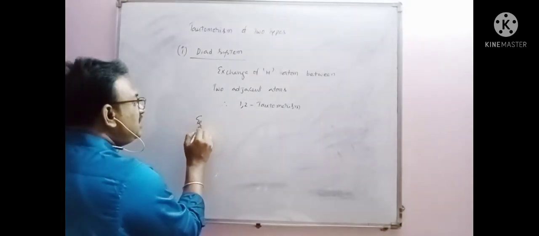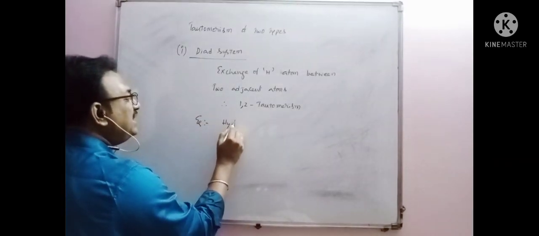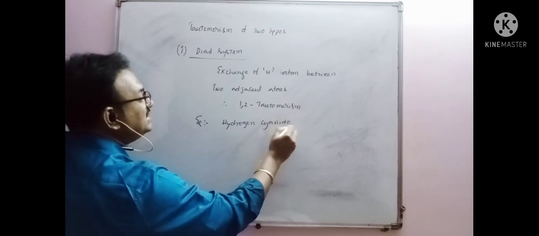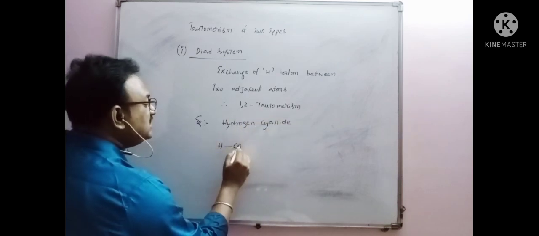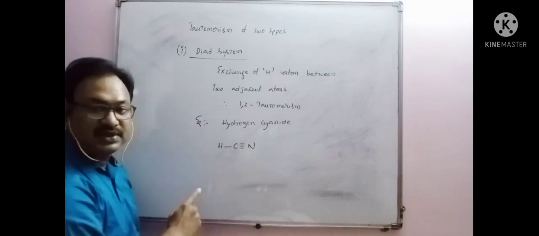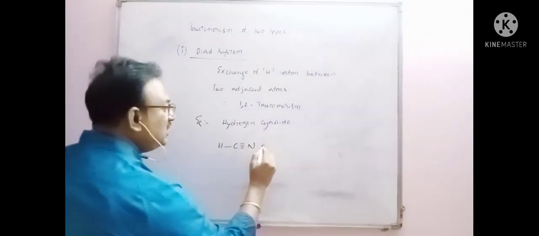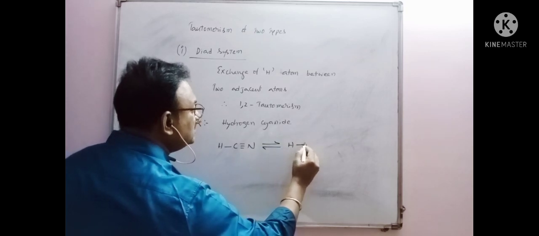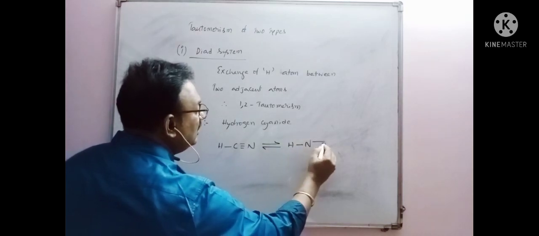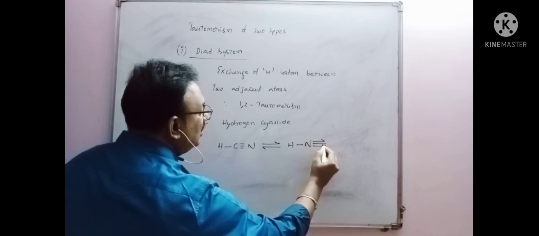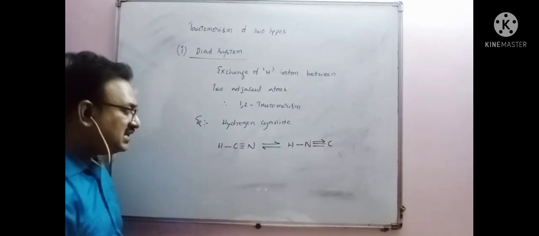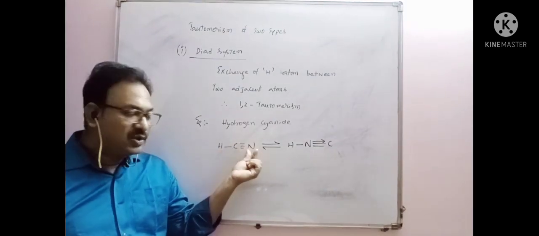For example, if you take hydrogen cyanide, this is the best example for this dyad system. So hydrogen, triple bond N. This is one isomer, and it always exists in equilibrium like this. Hydrogen, N, and a dative bond towards carbon. Listen carefully. Carbon, nitrogen.